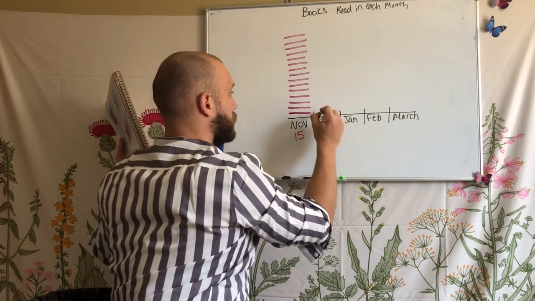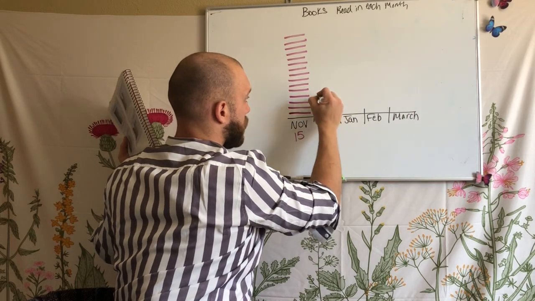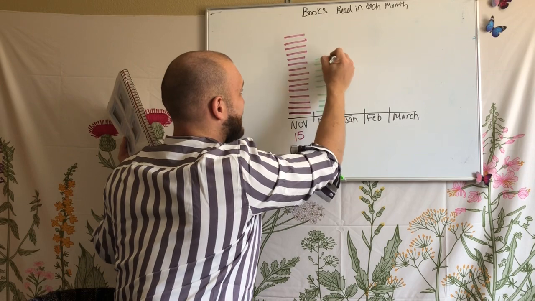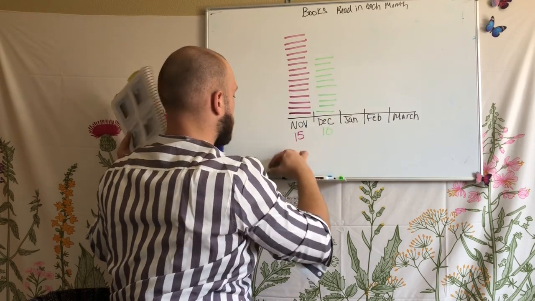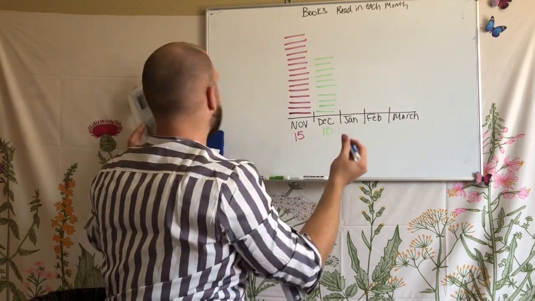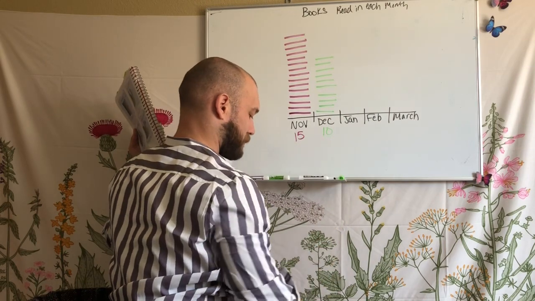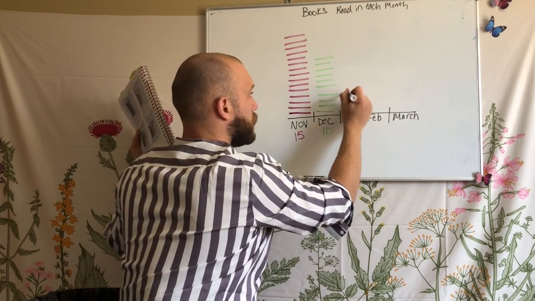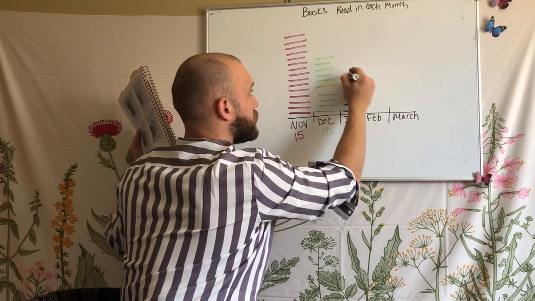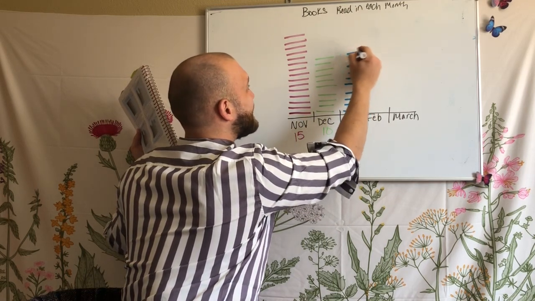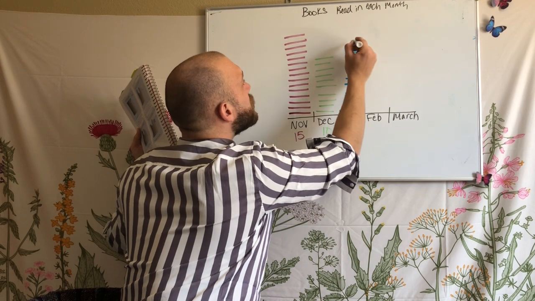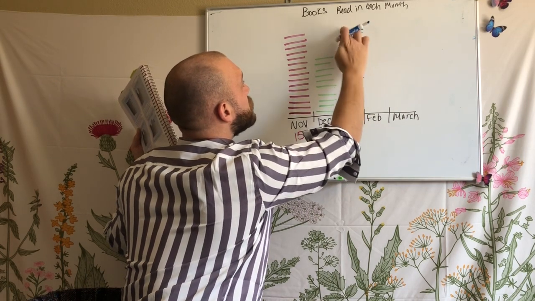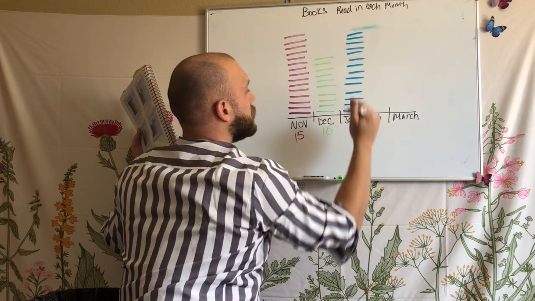December had 10. 1, 2, 3, 4, 5, 6, 7, 8, 9, 10. 10 there. January, we had 14. 1, 2, 3, 4, 5, 6, 7, 8, 9, 10, 11, 12, 13, 14, just 14, not 15. 14.